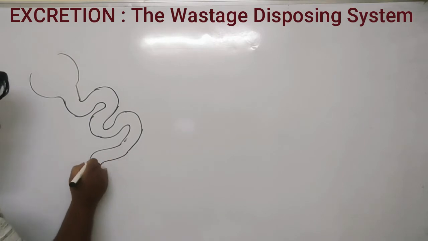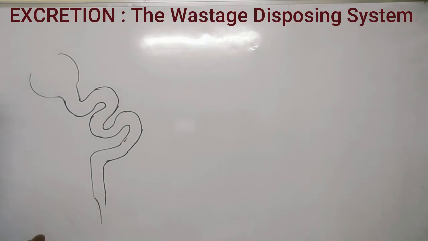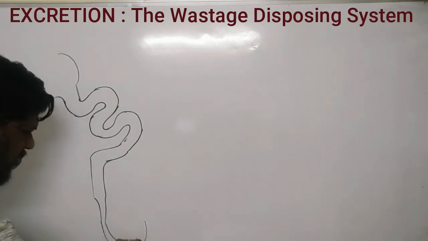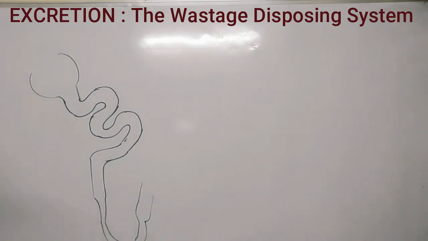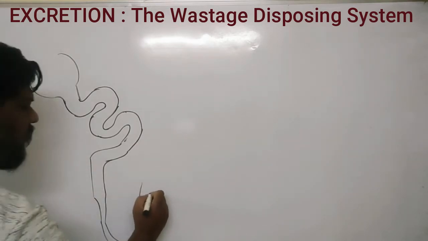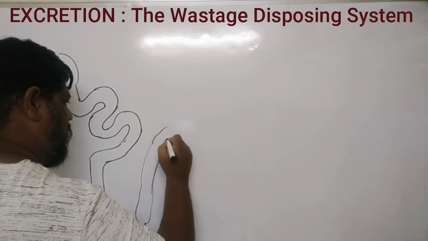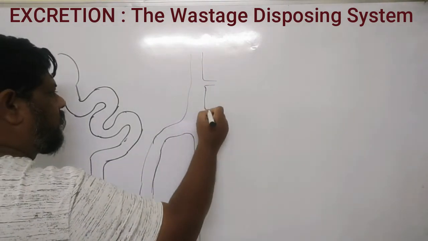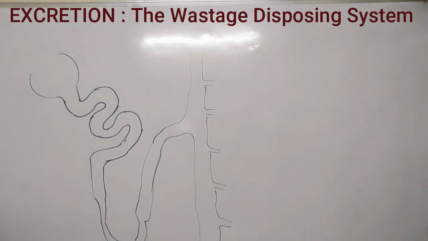The nephron will go like this, and now it becomes a bit thin at this particular end. Now basically this is the structure of nephron.